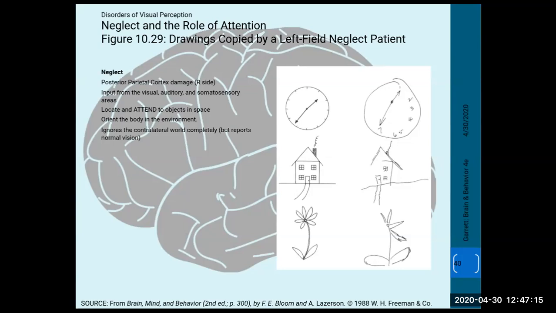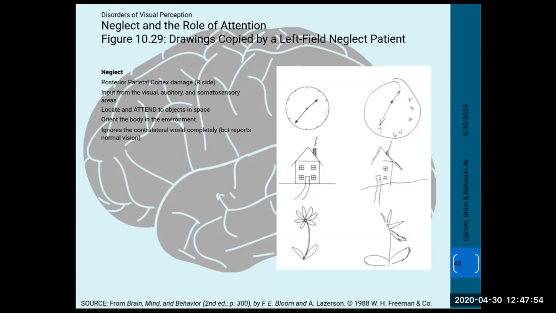So you see the full circle of the clock, and you see both petals or both leaves of the flower on the bottom side, but there is a lot of information missing. You still see that the arrows point to an hour and a minute, but you only see numbers basically on the right half other than the number 7. So you see 1, 2, 3, 4, 5, 6, 7, but you don't see the rest of the numbers that add up to 12. For the house, you see the door, the pathway, you see the windows on the right side, and you see most of the full roof, but the whole left side of the house is just missing.